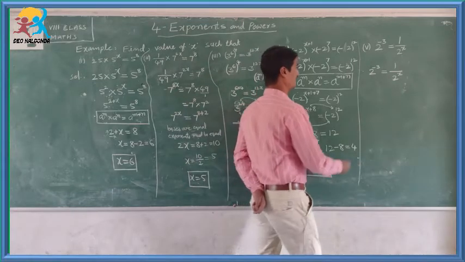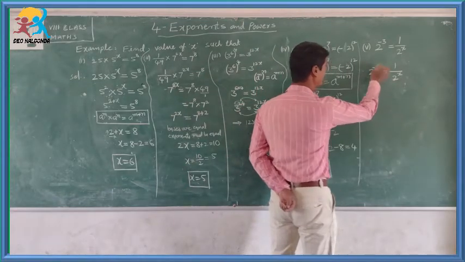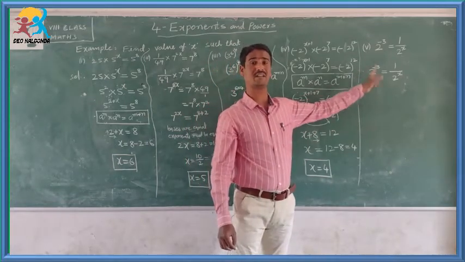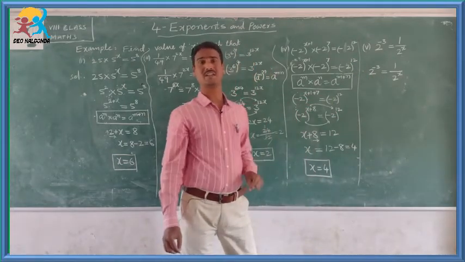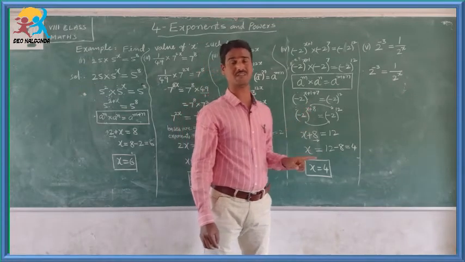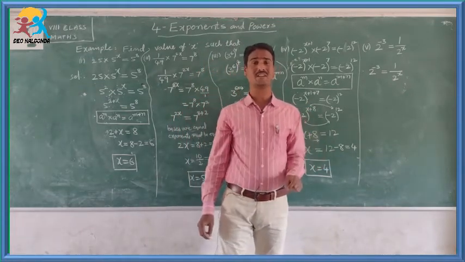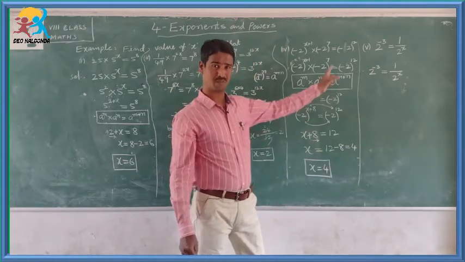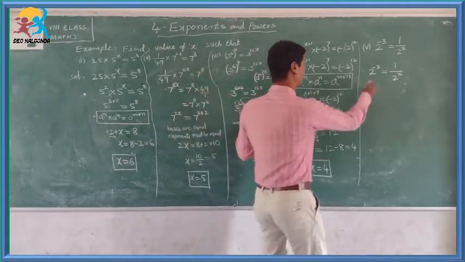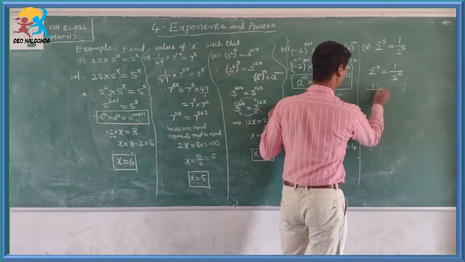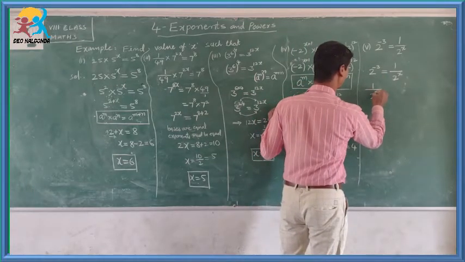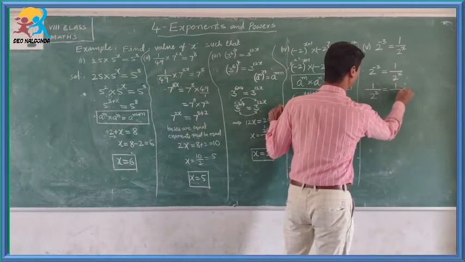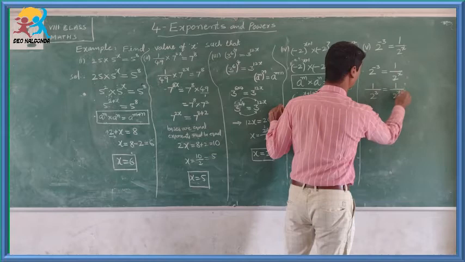Dear children, this one, 2 to the power of minus 3, has a negative exponent. We know that when the exponent is negative, we have to convert it to positive by writing the reciprocal. So here, 1 by 2 to the power of 3 is equal to 1 by 2 to the power of x.